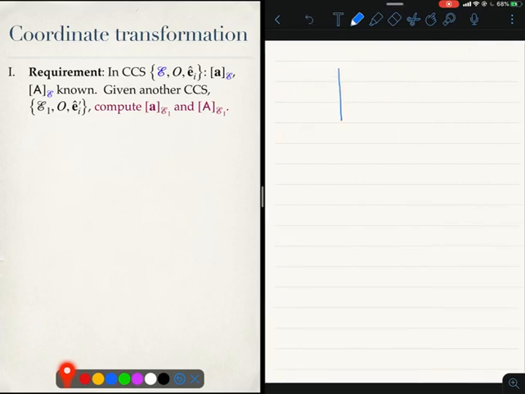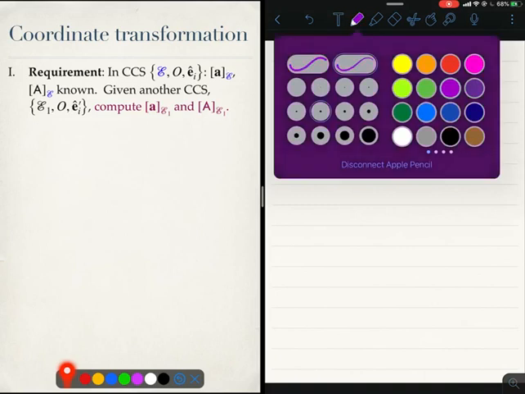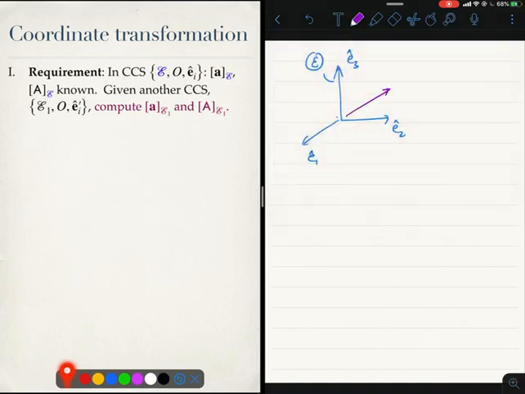So that's my old coordinate system. It always looks the same. And I have a new coordinate system. I usually draw the coordinate system with the same origin.